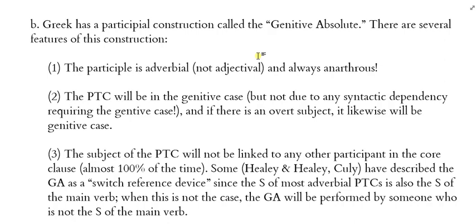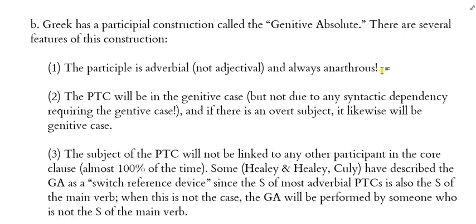If it's adverbial, then it's going to take on certain adverbial semantic notions like when, time, or cause, why something happened. So we'll pay attention to those. We'll have some more participial functions in a little bit today. And because they're adverbial, they will be anarthrous. You will not have an article attached to these genitive participles.